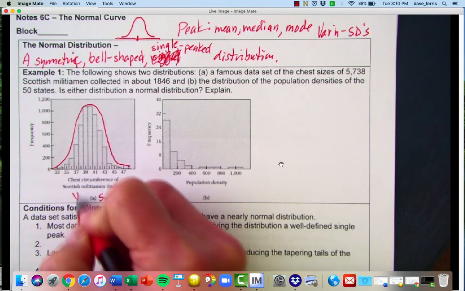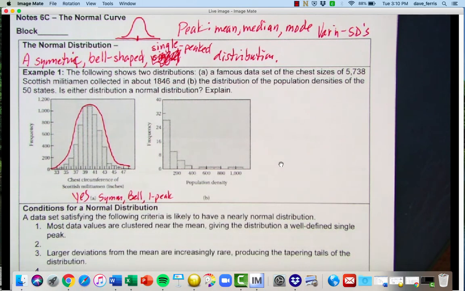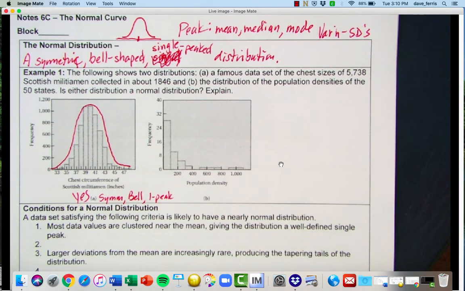So I think we'd say a resounding yes for the first one. That's approximately normally distributed set of data.